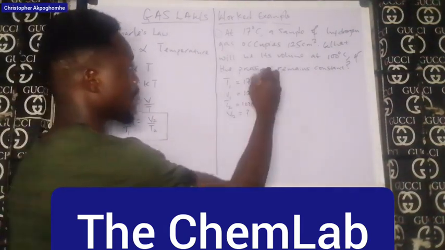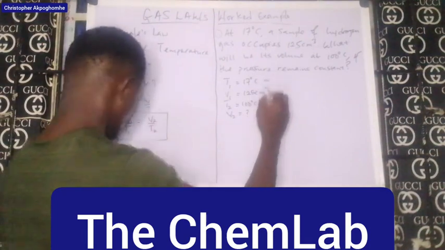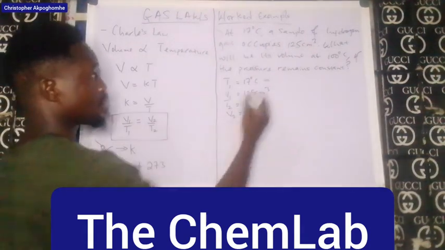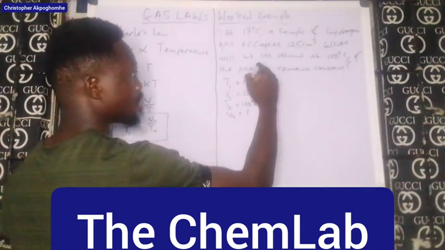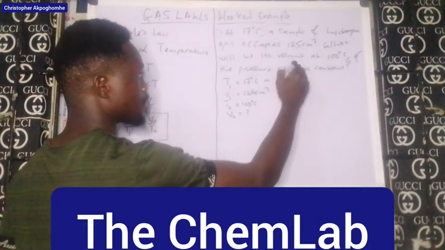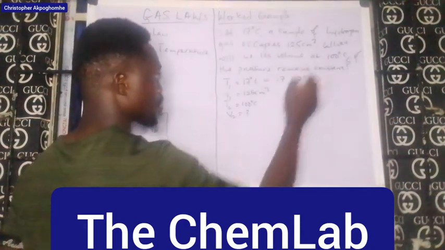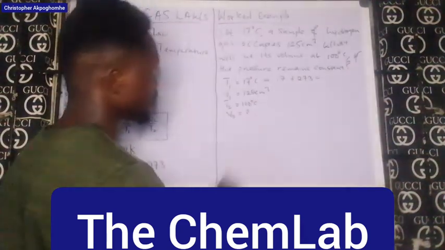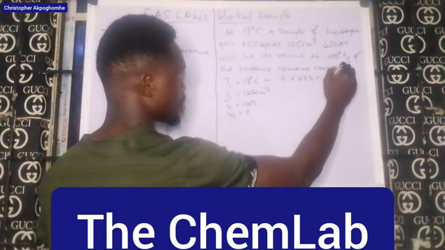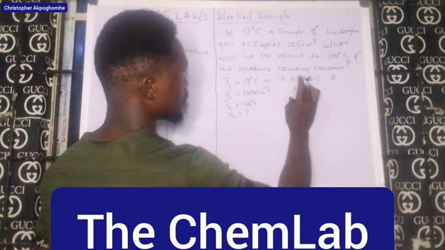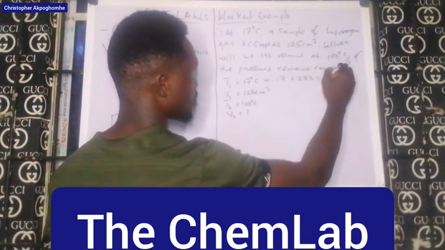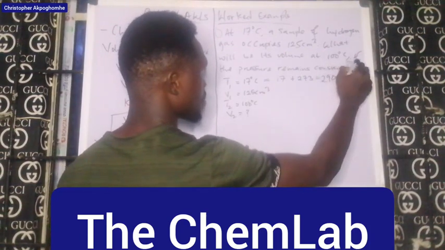So here we now have degrees Celsius plus 273. The degree Celsius value here is 17. So we have 17 plus 273, which gives us 290 Kelvin.